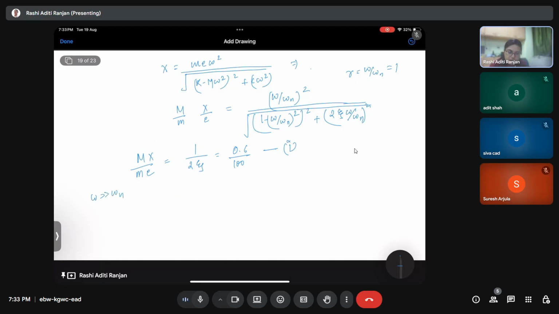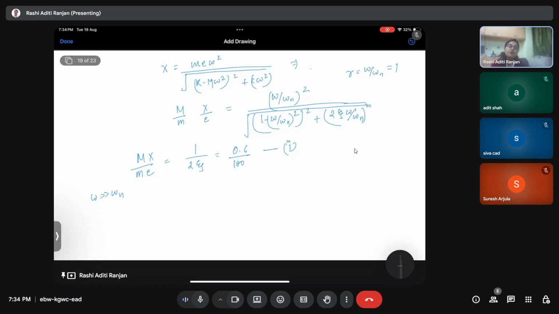So in that case, in the denominator, the dominant part is going to be omega by omega n square. Eta is very small, so we can just neglect that part.